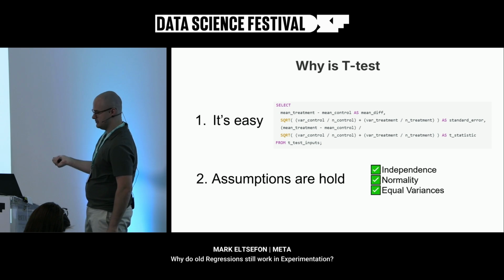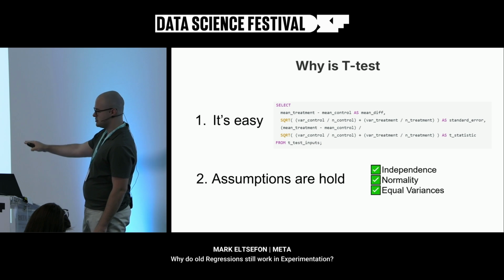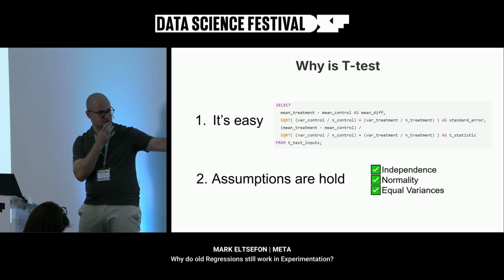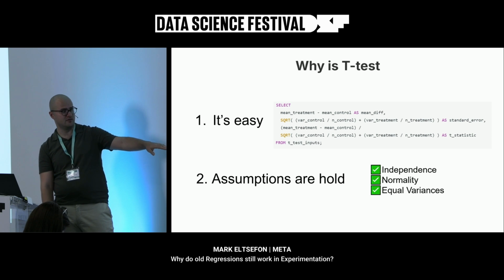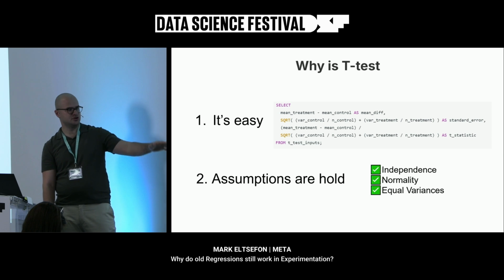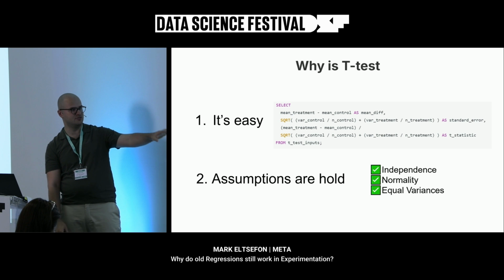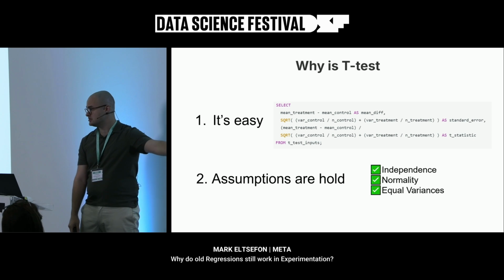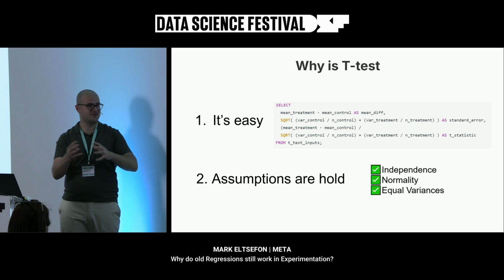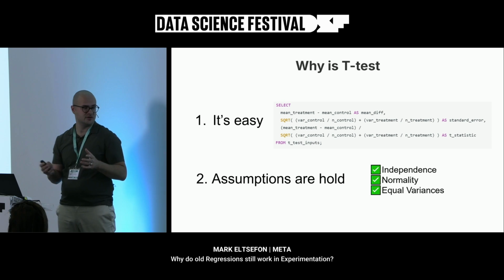The second one, also pretty important, is that the main assumptions are held when we're using the t-test. There are three main assumptions: independence, normality, and equal variances. Independence is held because of, I hope, a good measurement design and randomization. Normality: some people think that we should have a normal distribution of data to use the t-test, but that's not how it works.